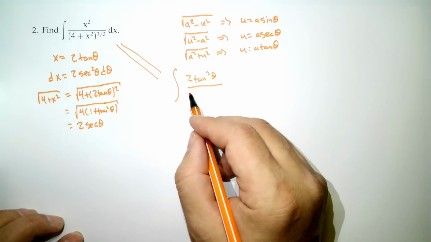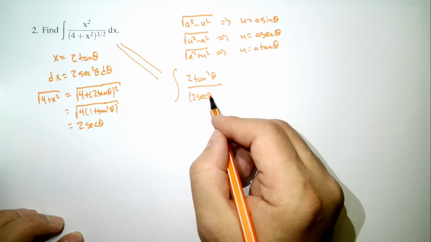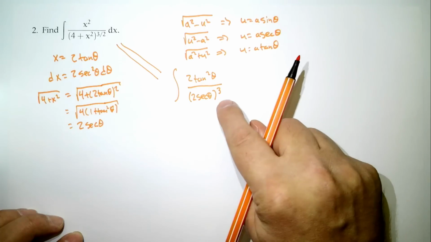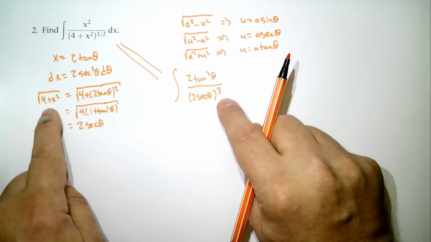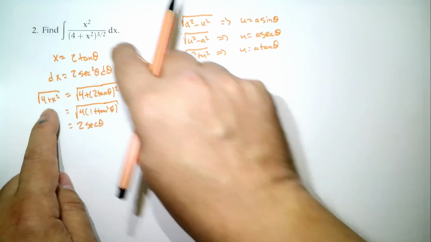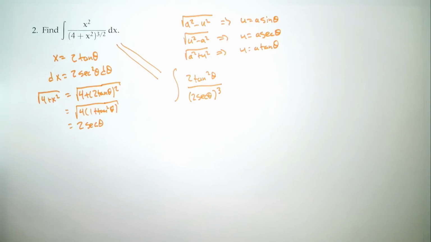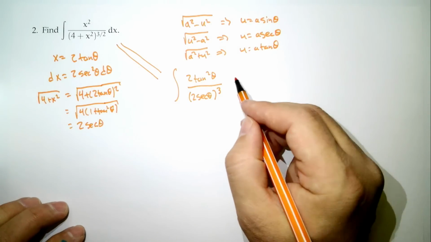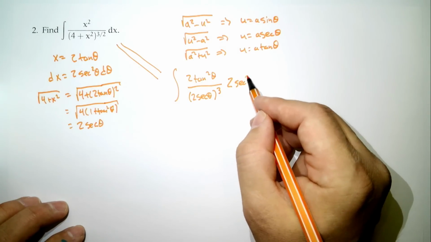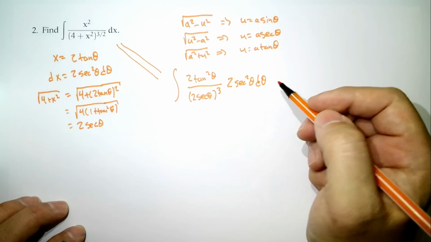Downstairs, we're going to get 2 secant theta cubed. And the reason it's cubed is, remember, this is a square root. This is a 3/2, so we need to cube it. And then the dx becomes 2 secant squared theta d theta.